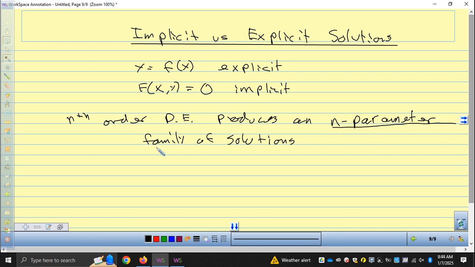The parameters are our constants of integration. We get one for each integration that we perform.